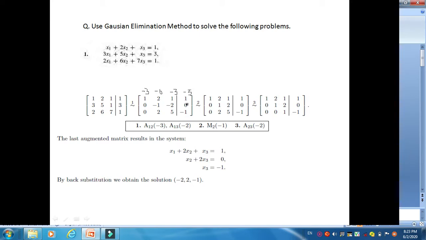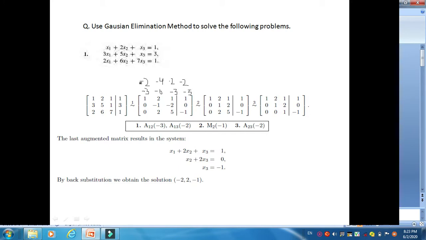Similarly, in order to convert that 2 to 0, we have to apply another row operation, that is R3 minus 2 R1. What does it mean? We have to multiply row number 1 by minus 2. So if you multiply row number 1 by minus 2, it means minus 2, minus 4, minus 2, minus 2.